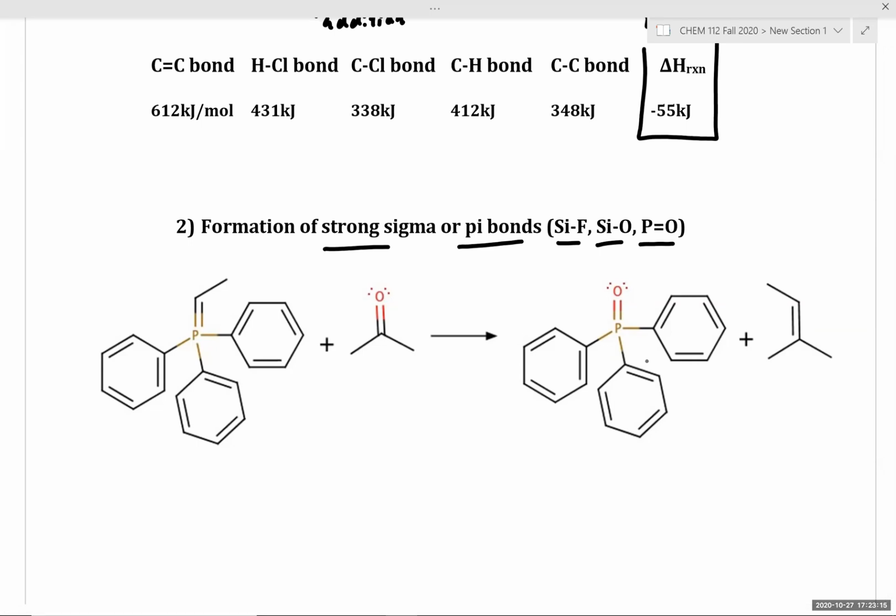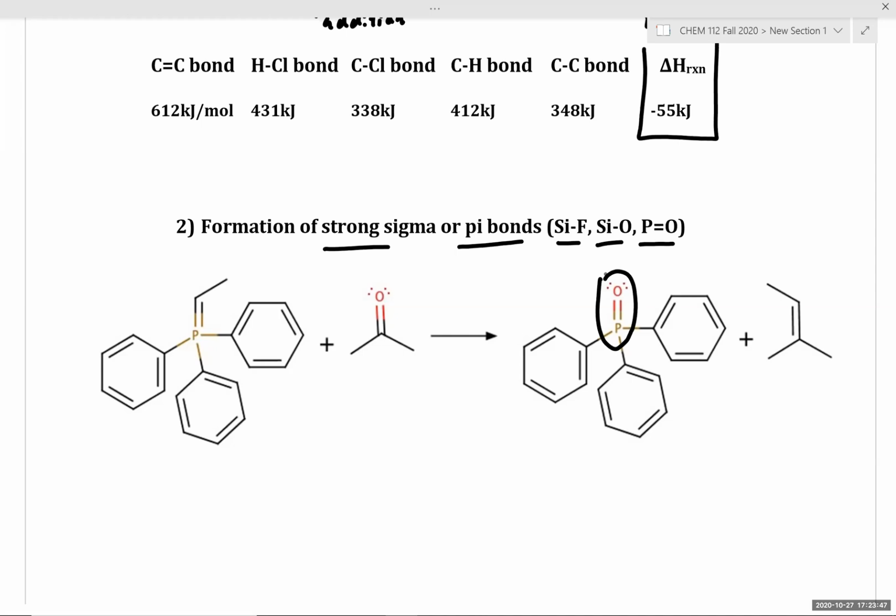So for example, in a Wittig reaction, one of the driving factors that makes this reaction so overwhelmingly favorable is that we are generating a very strong phosphorus-oxygen double bond, which in turn makes the overall reaction enthalpy very favorable. Wittig reactions can often be exothermic if you choose a particularly reactive aldehyde or ketone.